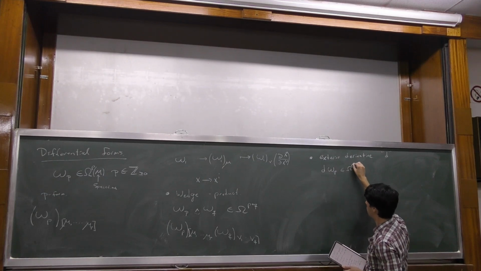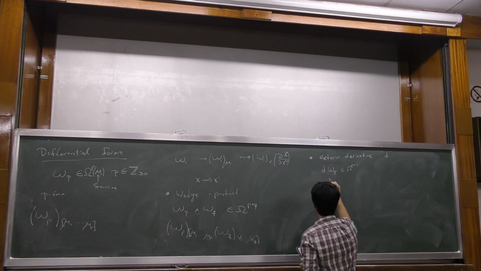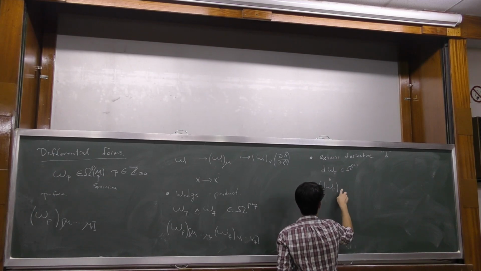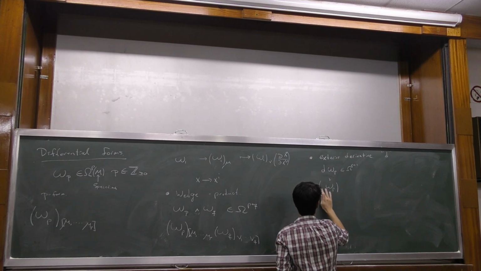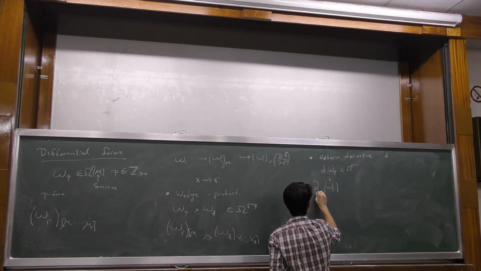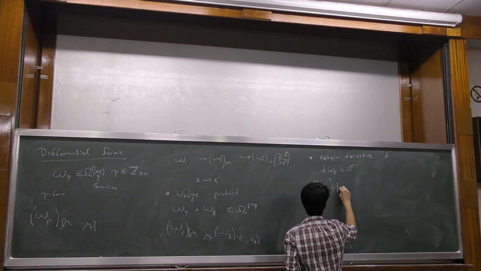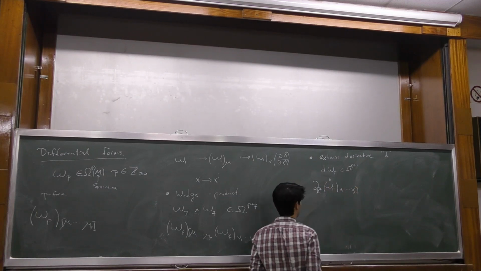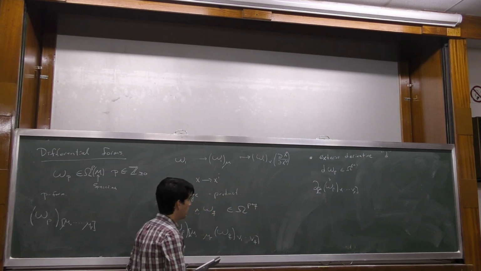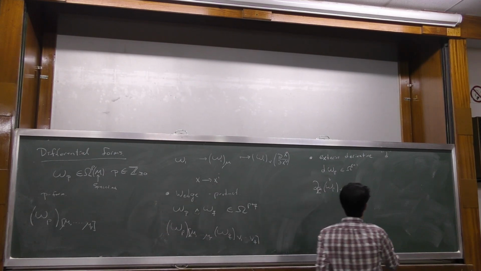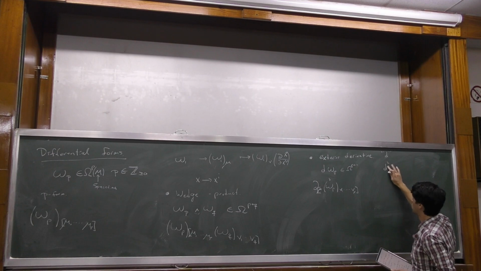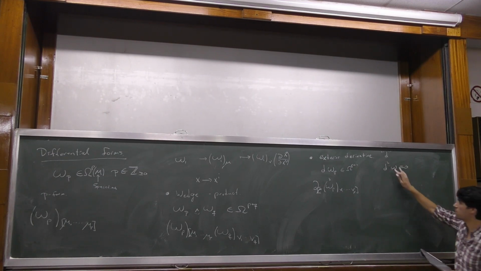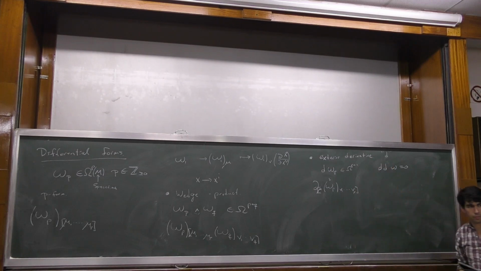So this is a p plus 1 form, and in coordinates, I guess you would write it as partial mu 1 through mu p, and anti-symmetrize it. And what's important about this is that d squared is 0 always. So by d squared I mean d times d.